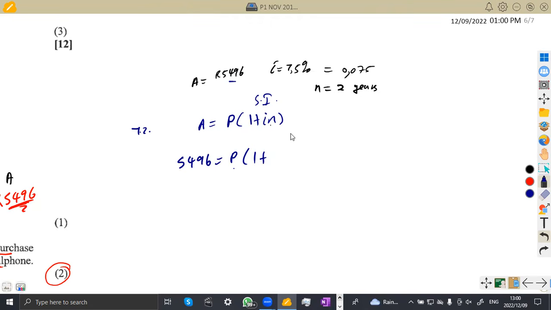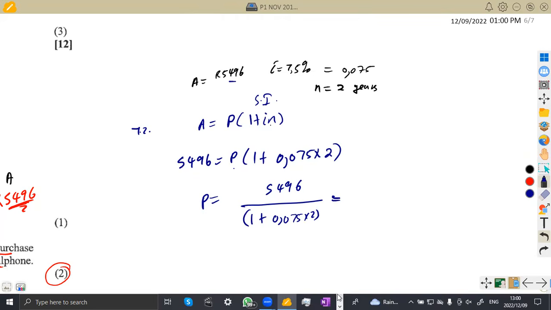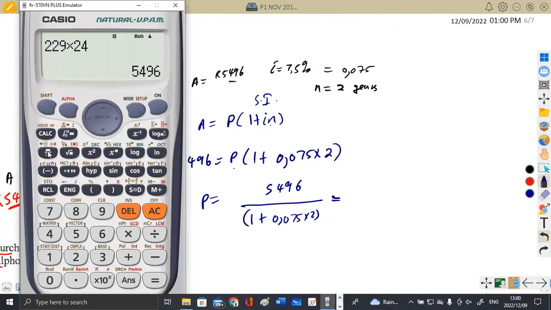You can calculate P by dividing by the bracket. So P is equal to 5496 over the bracket of 1 plus 0,075 times 2. So you can find the value of P by this formula.